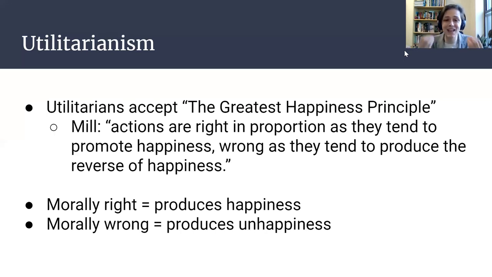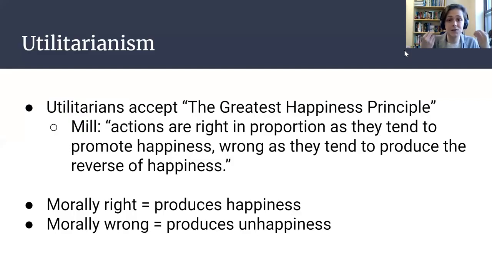Utilitarians think that this is the key concept to understand what is morally right and what's morally wrong. You just have to look at how much happiness it produces in the world. And if you think about the things that are morally wrong, or that you know are morally wrong, you'll see that they produce unhappiness in the world.